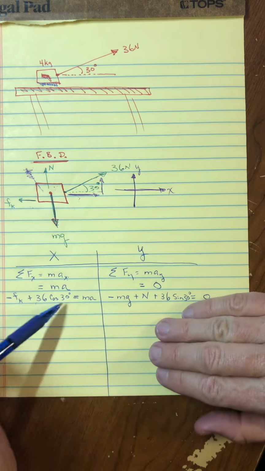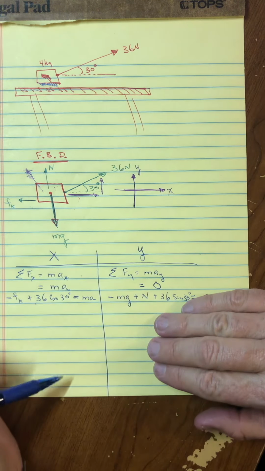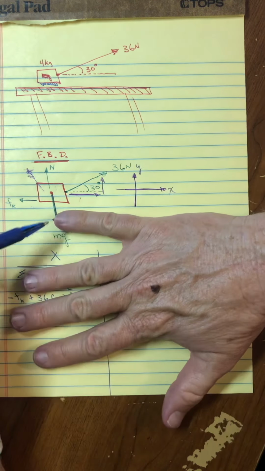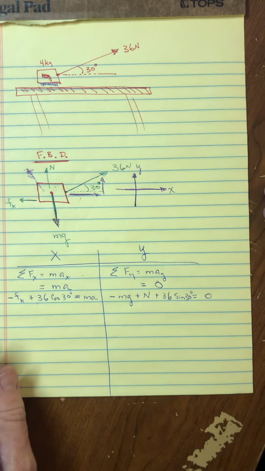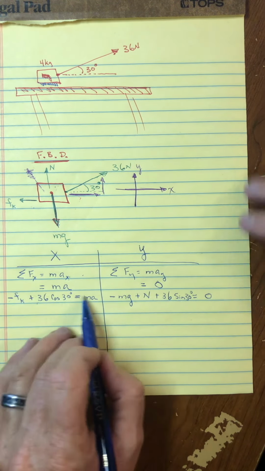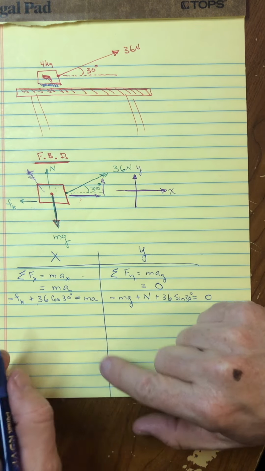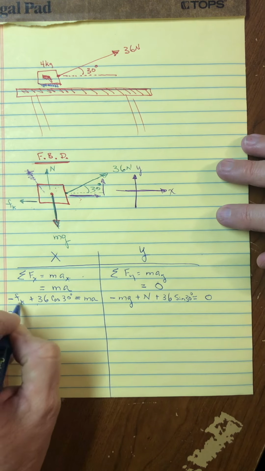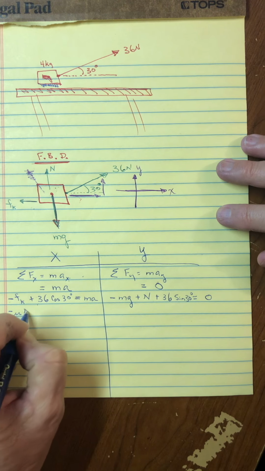Now that I've written out, I would say I've completed step 3. I've written out the equations based upon this grid and Newton's second law, and now I can begin to solve it. And we're trying to find the acceleration. So you probably would be tempted to do this equation first, however, the force of friction is the coefficient times the normal.